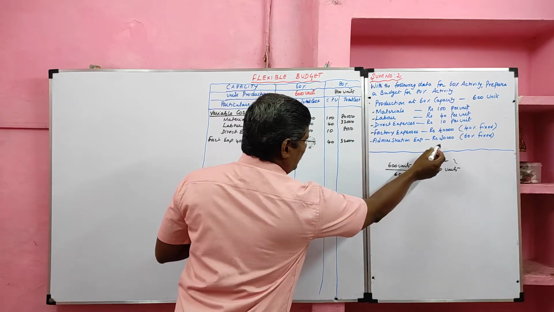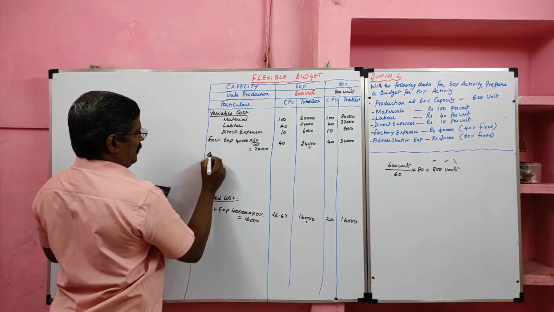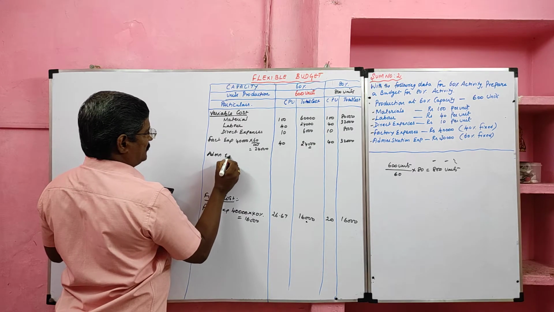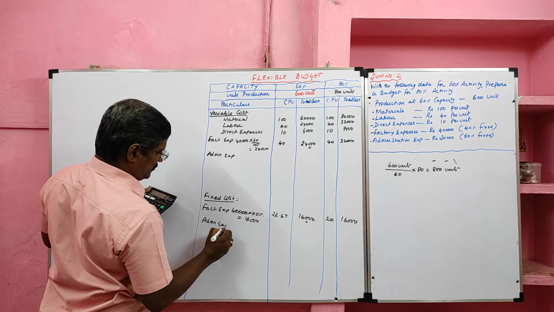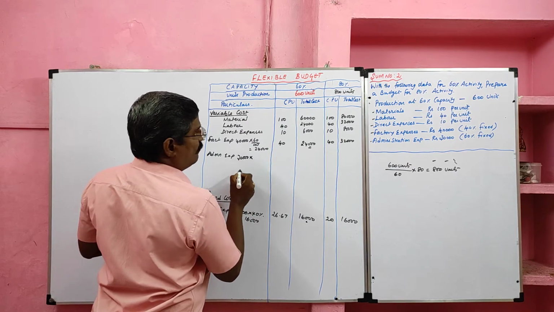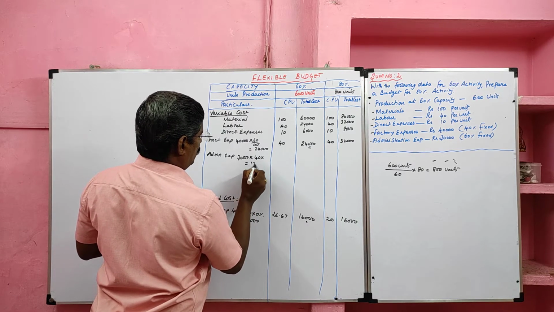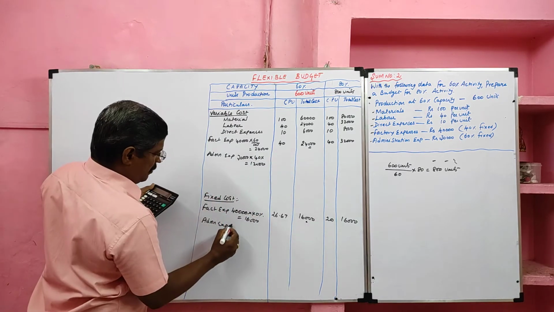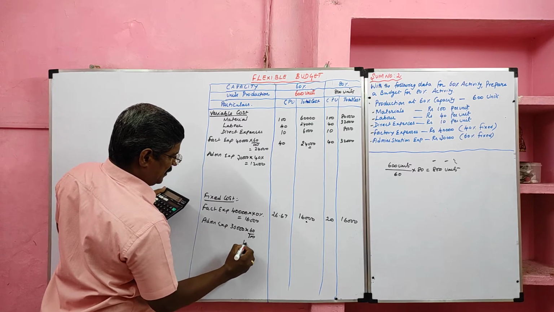Then we'll move to the next semi-variable cost. Administration expenses 30,000, 60% fixed, so 40% variable. Of the total 30,000, 40% variable is 12,000 rupees. 60% is fixed, 18,000.